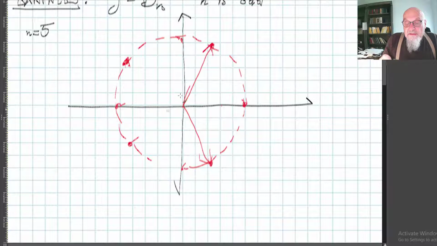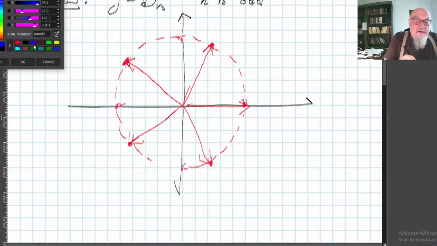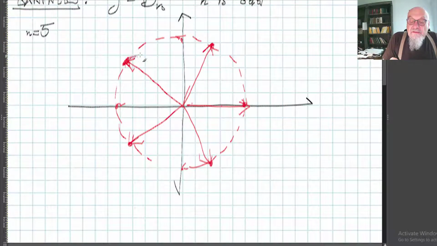Like that. And looks maybe okay. So, what did I get? I got a pentagon. This is my, no, sorry. I want to have a blue line. This is my pentagon.